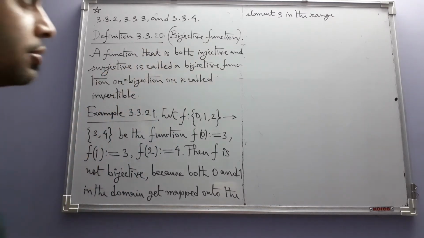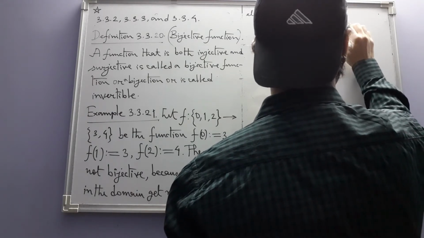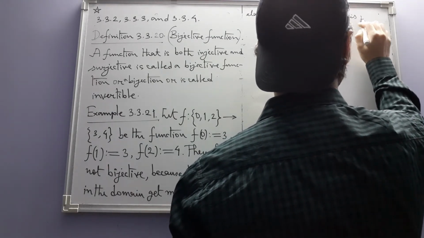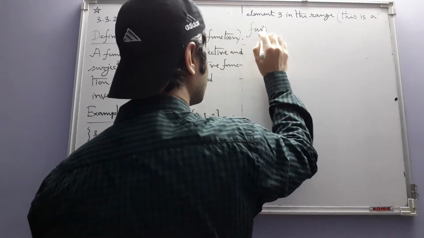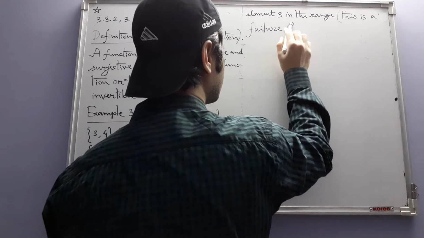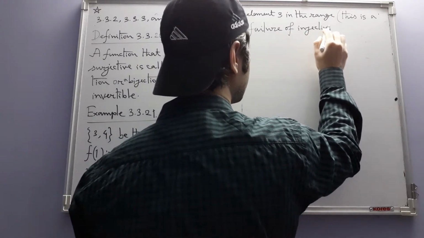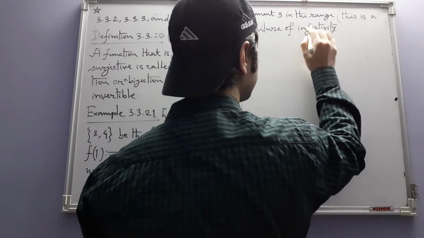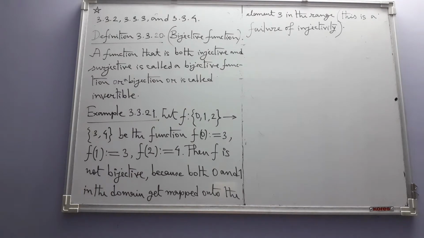It has to be both. So in bracket we can write, this is a failure of injectivity. So that's why this function fails to be bijective.